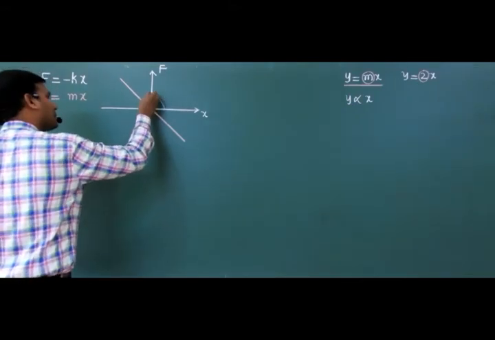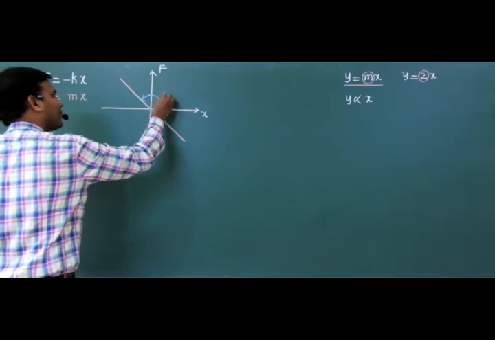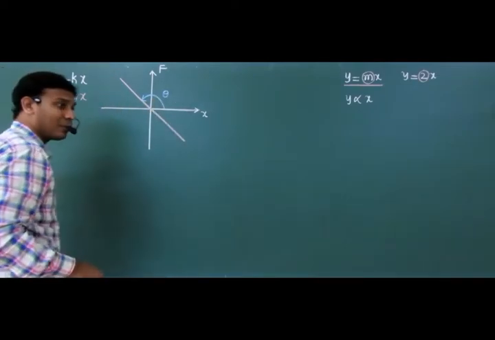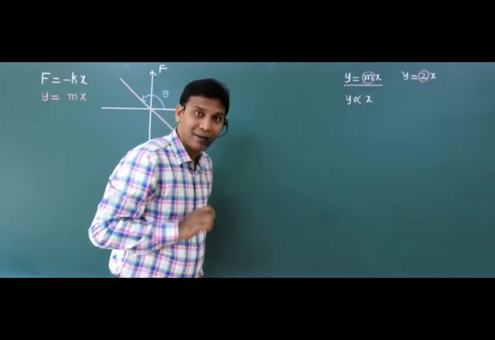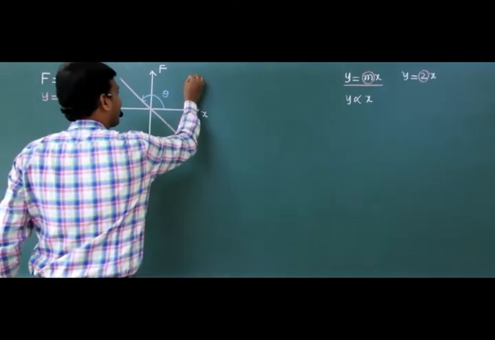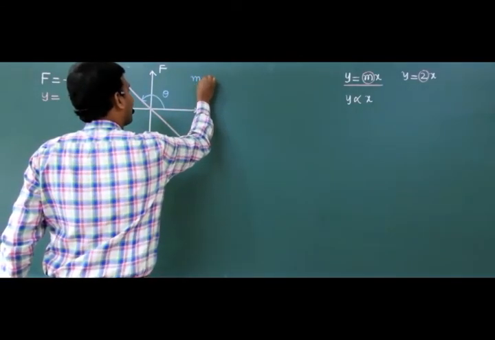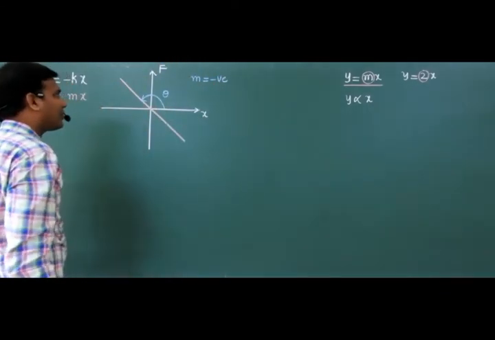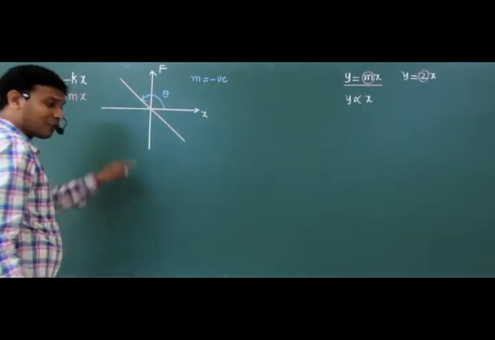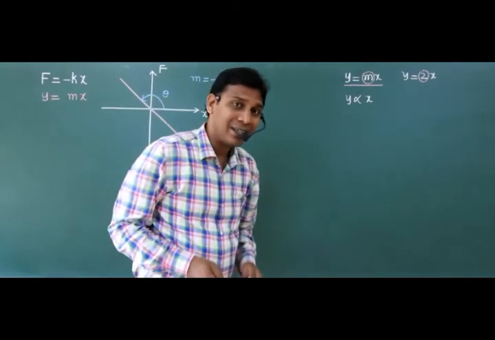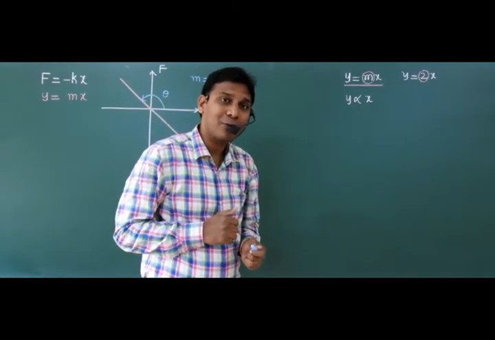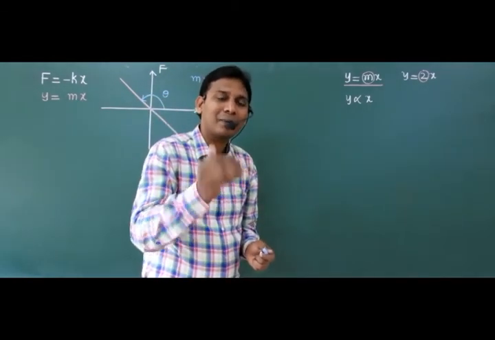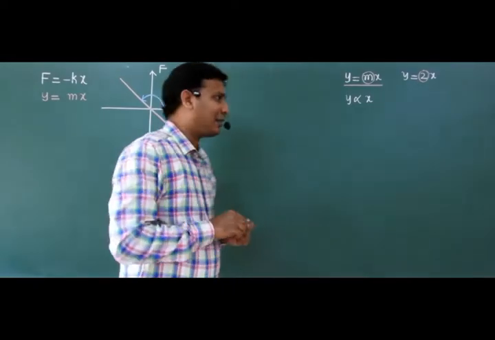Then this angle is more than 90 and less than 180. Therefore, the slope is negative. Then what is the shortcut in physics to find the slope? Y coordinate by x coordinate.